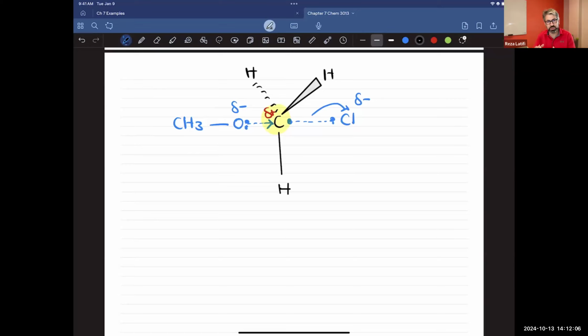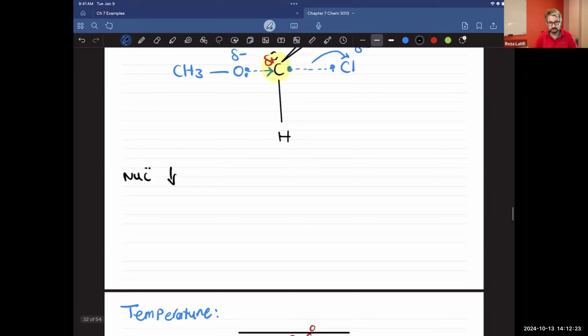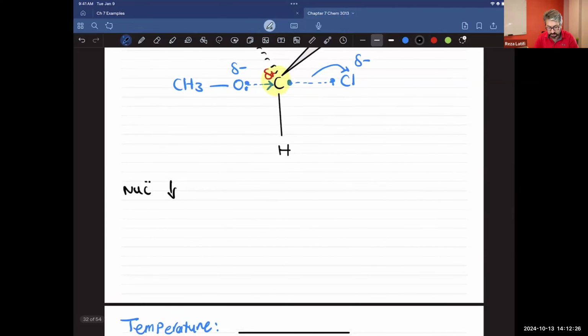Why? Because it's buried. Listen carefully: a polar solvent cannot reach carbon because carbon is buried. It cannot stabilize it, but it can stabilize the nucleophile and drop its reactivity. Okay, how about DMSO? DMSO is a polar aprotic solvent. This is DMSO.